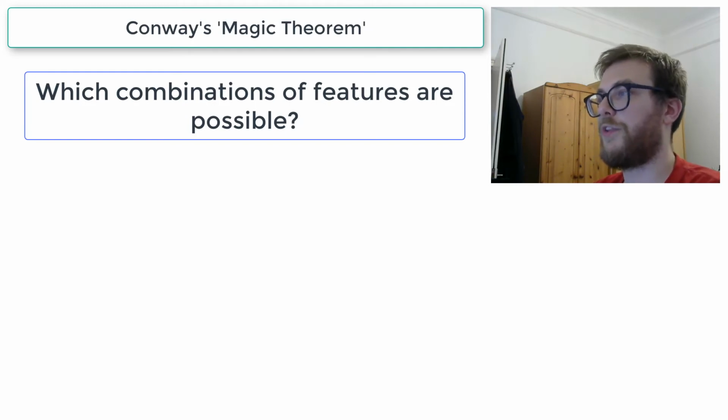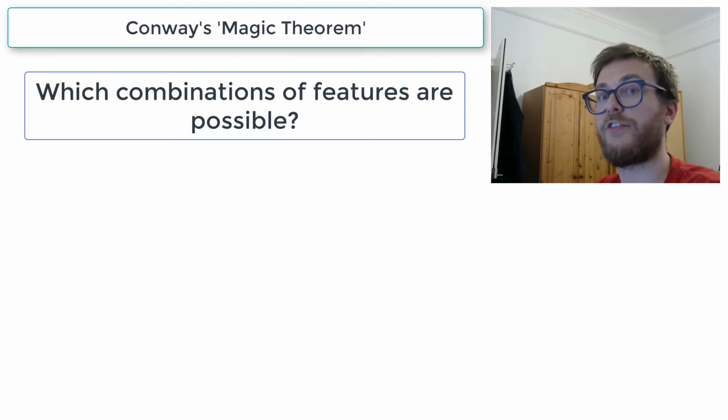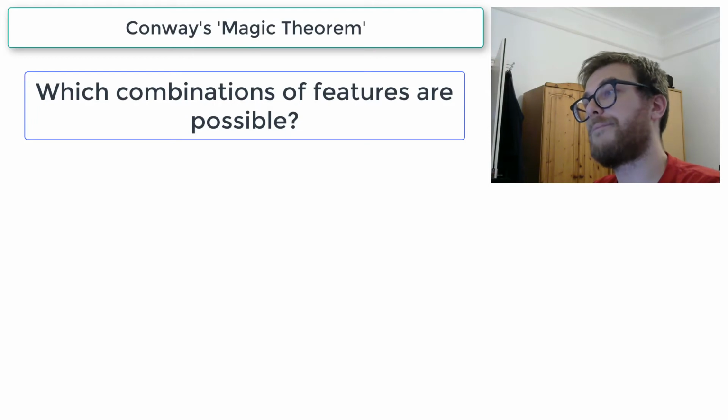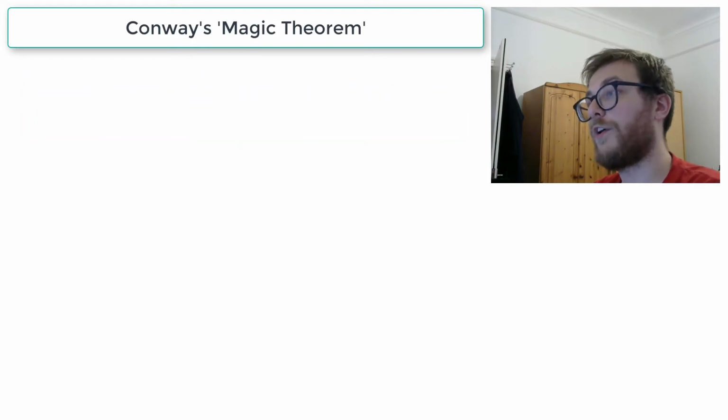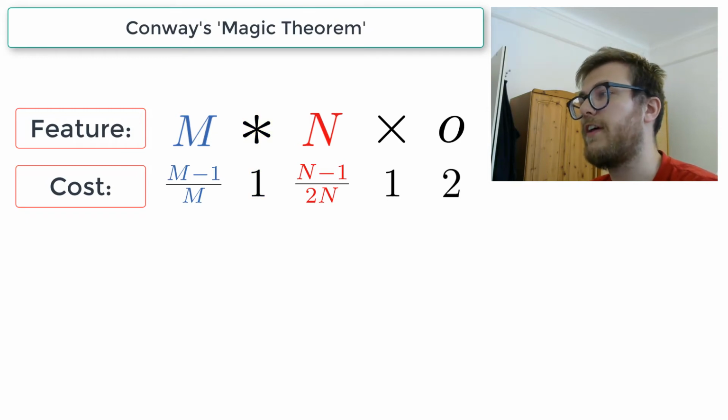Fortunately, there is an incredible theorem that is so magical it is scarcely believable, so much so that Conway calls it the magic theorem. It is the following. We assign a cost to each feature according to this table. For example, the cost of an asterisk is 1, the cost of a cross is 1, and the cost of a rotation differs depending on the order.